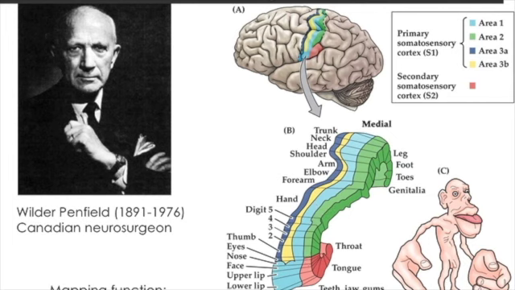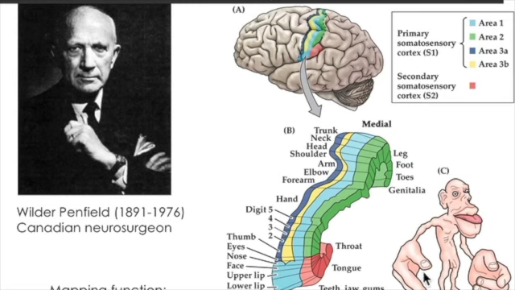This is a reconstruction of the mapping between the size of the body part and the size of the brain region devoted to the sensation of that body part. This is known as the somatosensory homunculus. A homunculus just means a little man. It's a small person whose body parts are proportional to the amount of neural real estate dedicated to that body part.